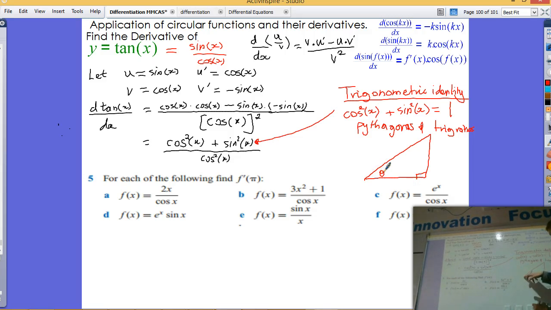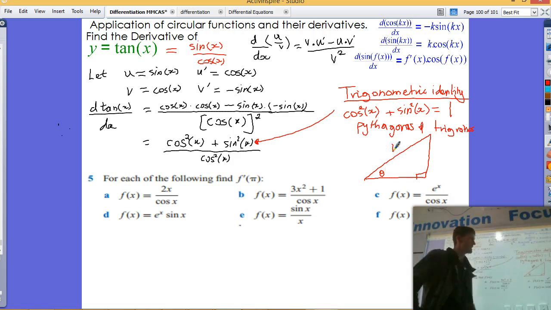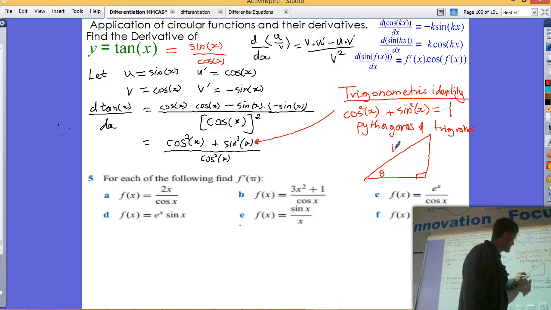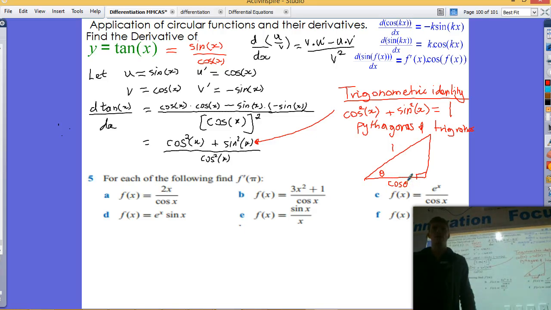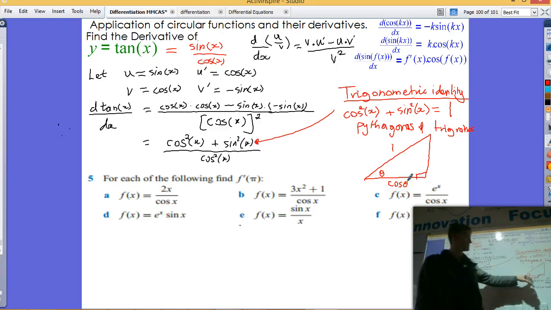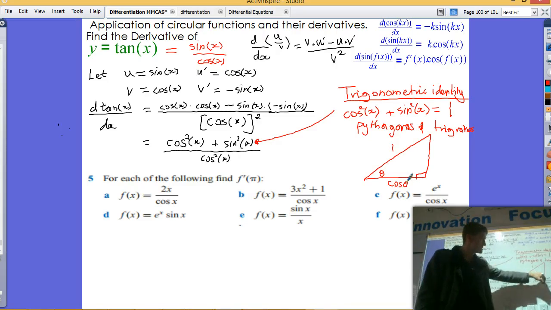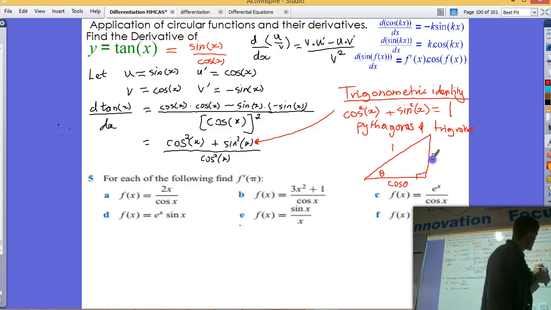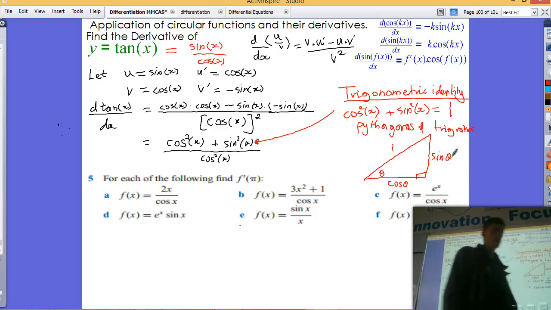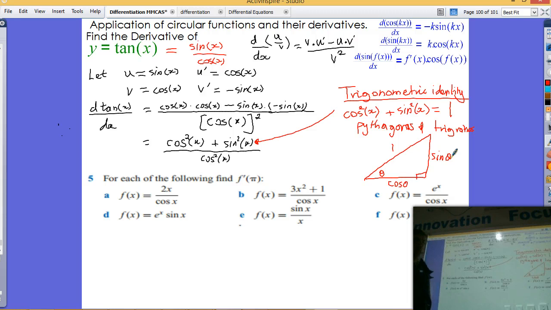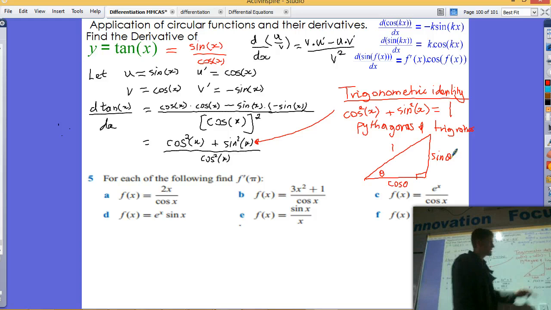Now, if I have a hypotenuse, the longest length, of 1, then the adjacent length of a right angle triangle is equivalent to the hypotenuse multiplied by cos theta. We need to think about SOHCAHTOA: the cos of the angle is the adjacent side, which is this side, divided by the hypotenuse. And the opposite side of the triangle is equivalent to sine of theta for a hypotenuse of 1.